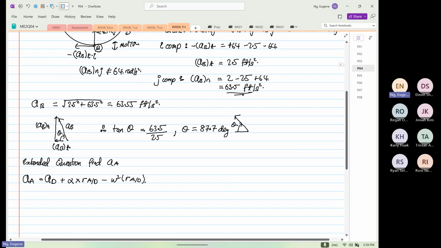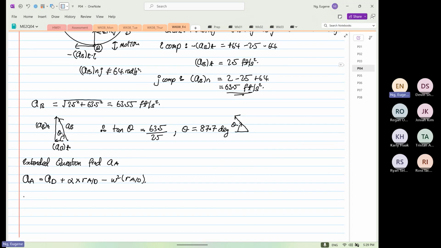So we know that at point A, we only have A_A in the J direction. Plus, because I assume it to be going up.